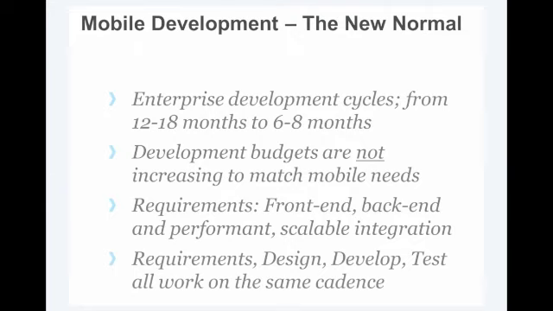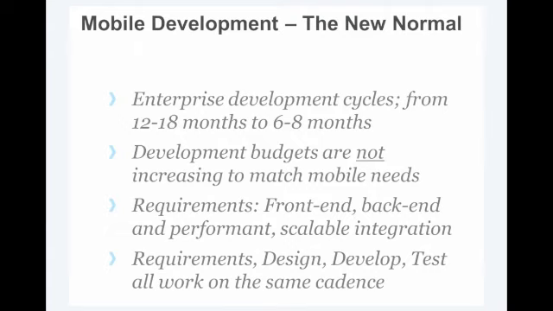And so to handle that, and to put the top 3 points together, requirements, design, development, and test teams all need to work on the same cadence. At Forrester, we're seeing a lot of enterprises start to break down a lot of these waterfall models and the organizational models that fell along with that. Test teams aren't in a silo by themselves anymore.